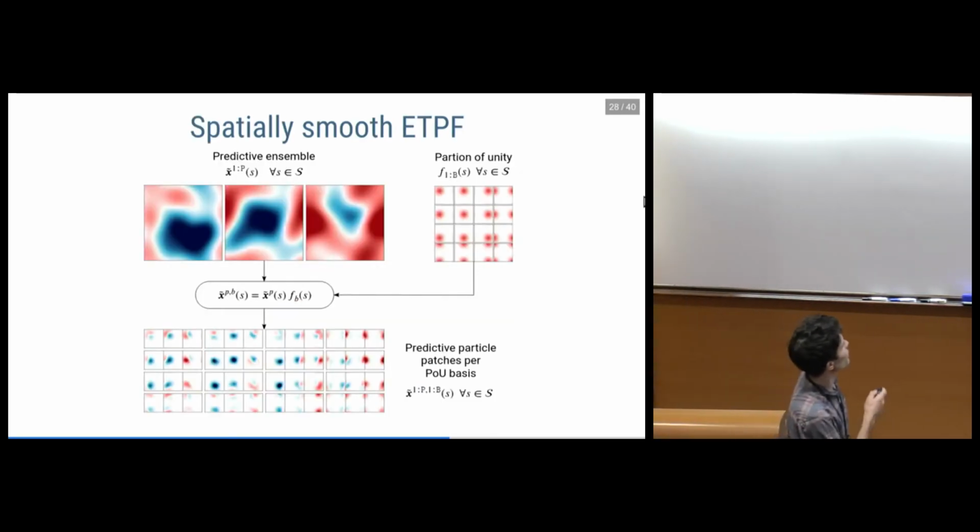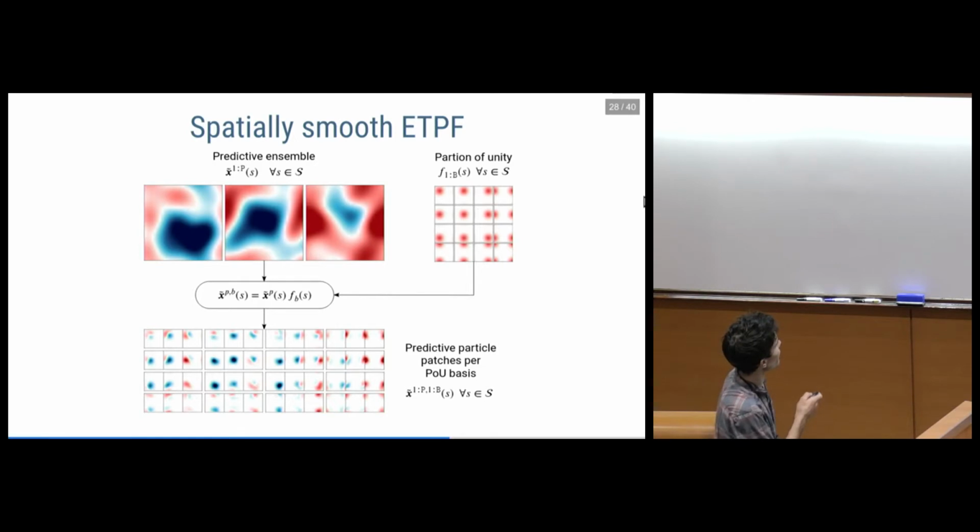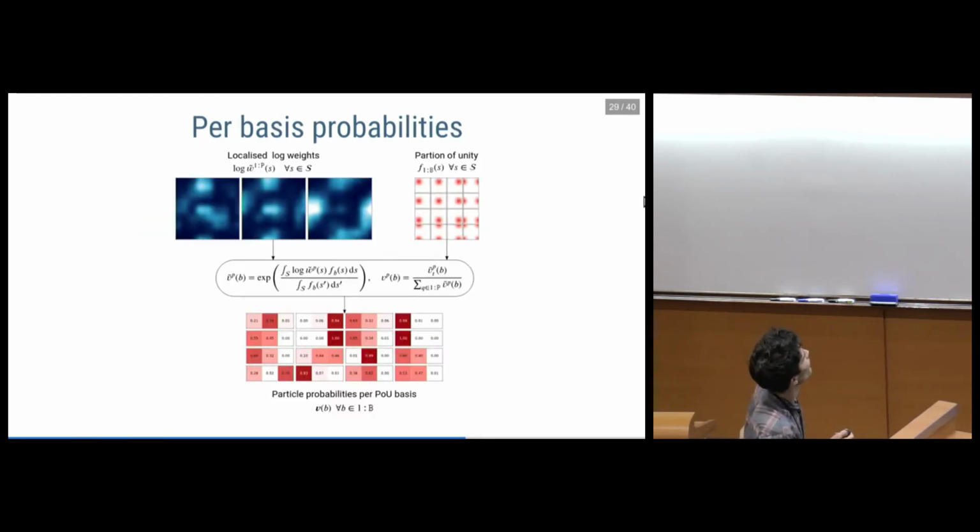Well, by multiplying each of those basis functions by our original particles, we can come up with a set of patches of those underlying state fields, which are modulated by this smooth compact function. So now, rather than just having a number of particles, we have something which has dimension number of particles times the number of basis functions.